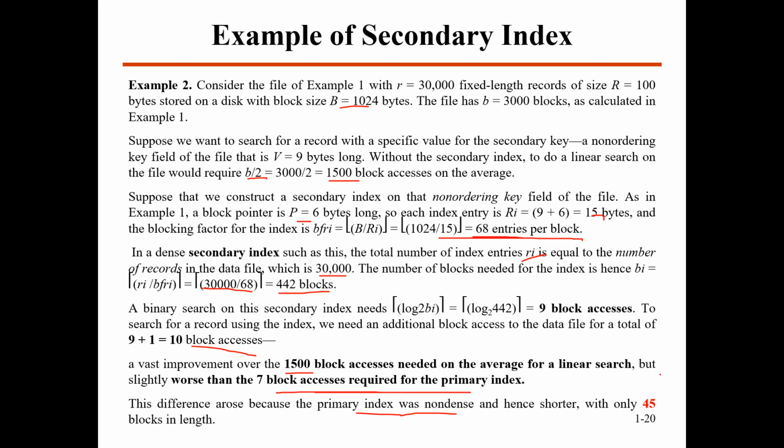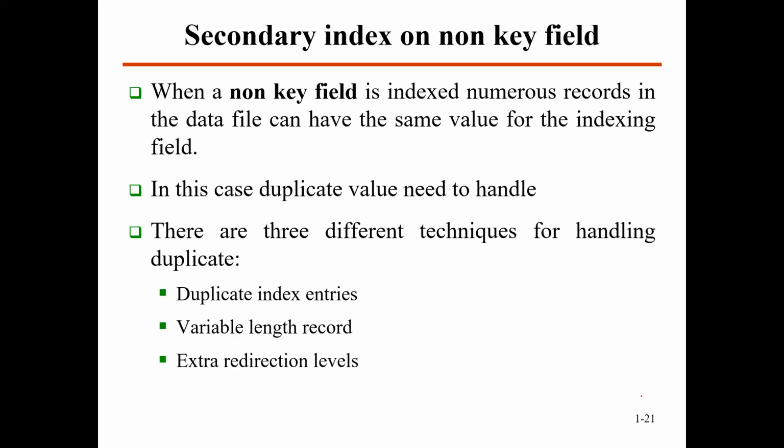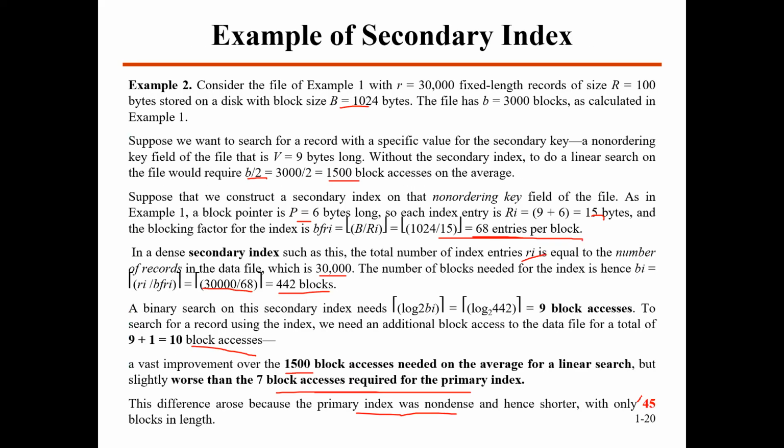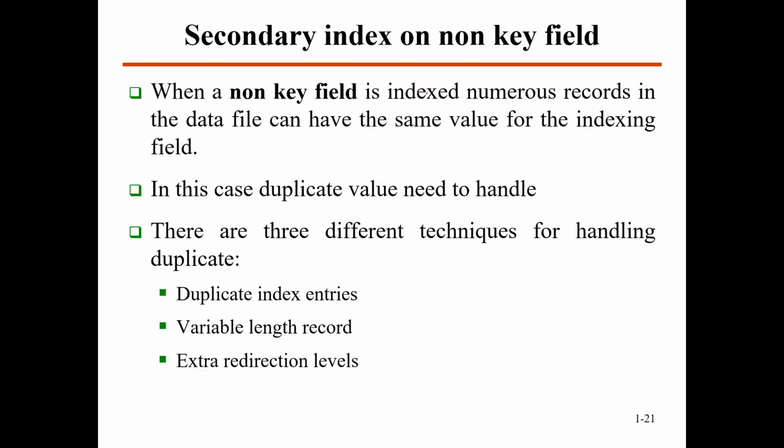So that's why we need 442 blocks in the length. Very important. Try to solve it by changing the numbers: instead of 30,000, you can consider a table with 20,000 records and do all this again. It is a very important question for sure in the midterm or in the final exam.